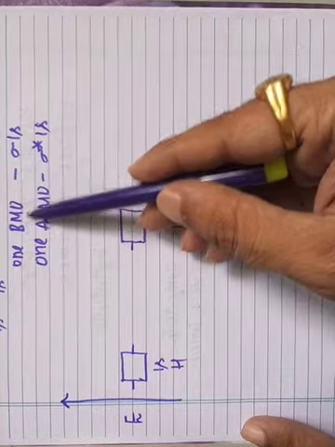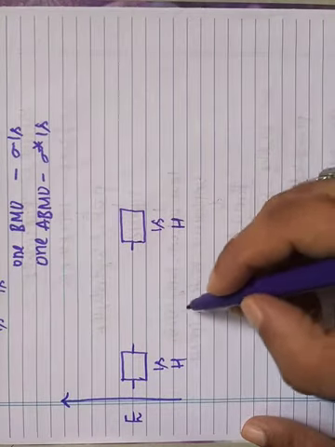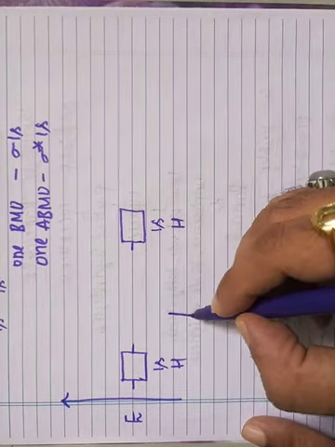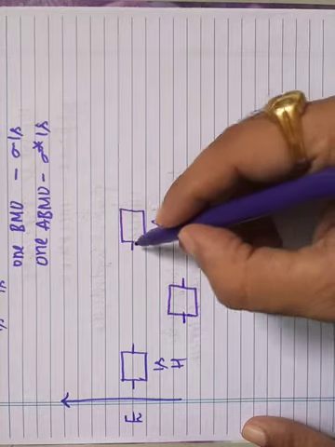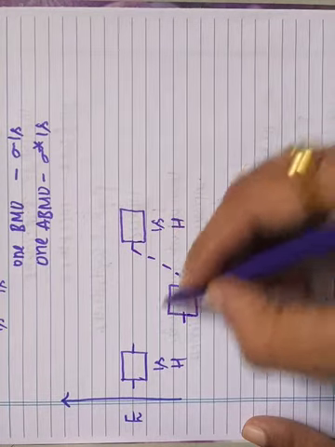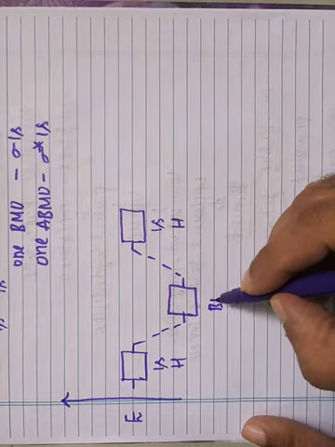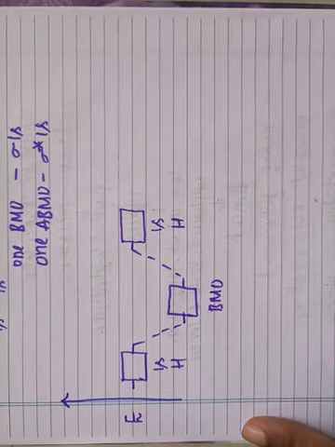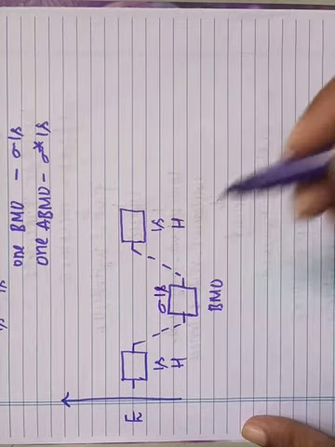The energy of bonding molecular orbitals is always less than the energy of the combining atoms. So this forms the BMO, bonding molecular orbital. It is written as sigma 1s.